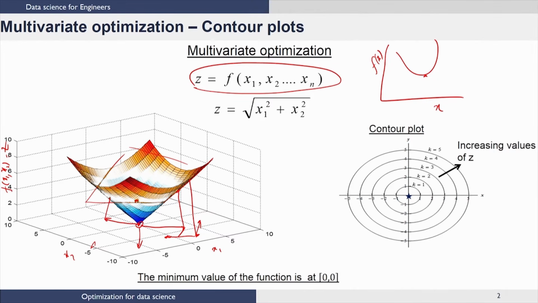Now, if you have a plane that is parallel to the x1 x2 surface, then we are going to have the objective function value be a constant across the plane, because when you project it here it is going to be at a particular f of x1 x2 value or z value. So, if I cut this surface with a plane parallel to the x1 x2 surface, I am going to get what are called contours on the x1 x2 surface.